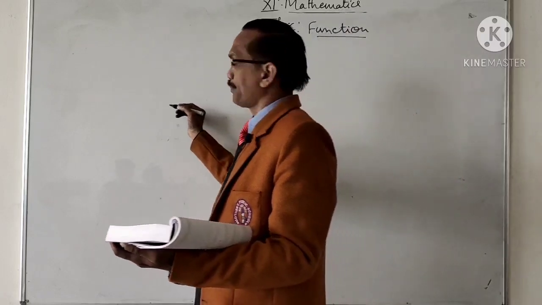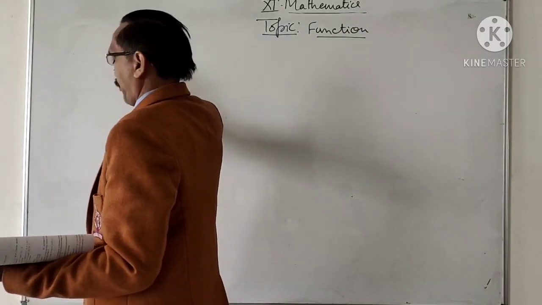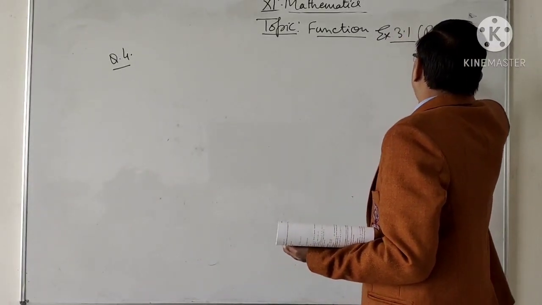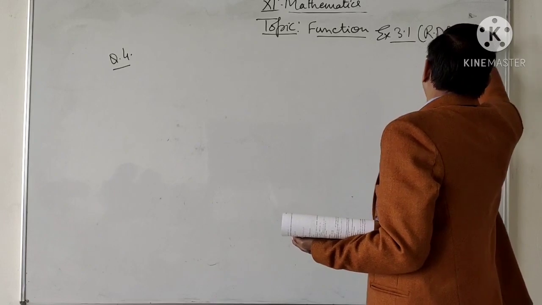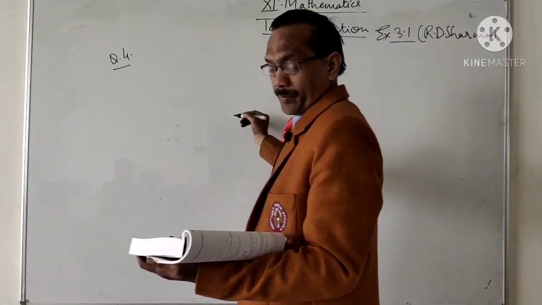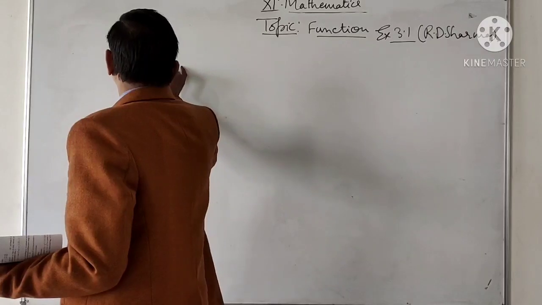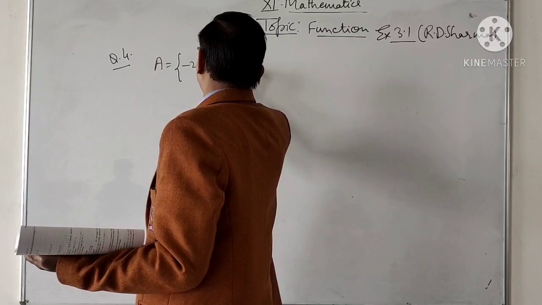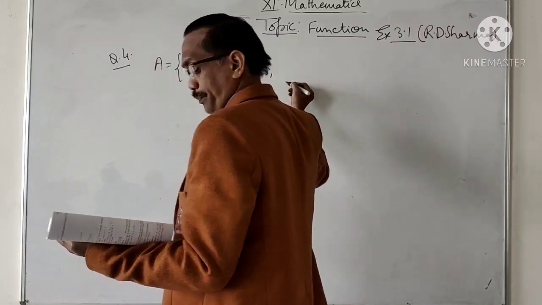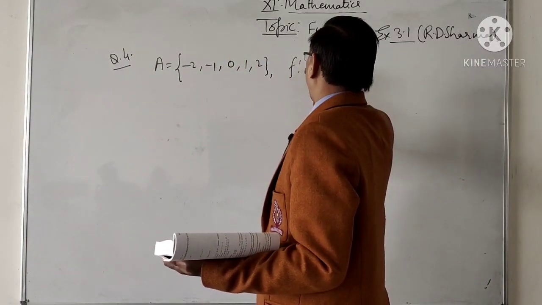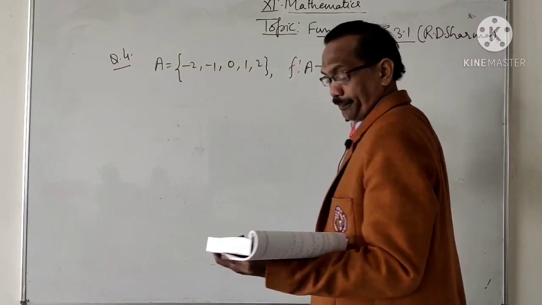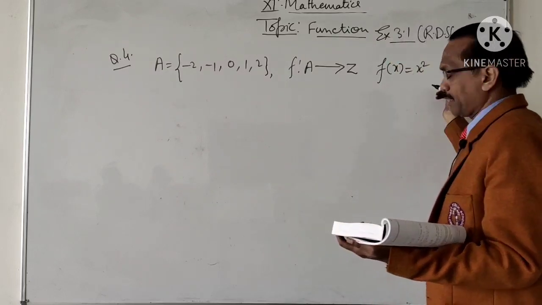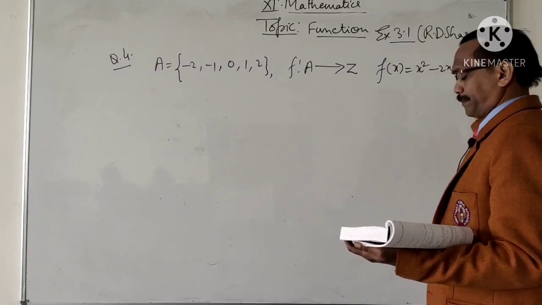Question is question number 4 from exercise 3.1 R.D. Sharma. Let A equal to the set {-2, -1, 0, 1, 2}, and there is a function from A to Z, defined as f(x) = x² - 2x - 3.